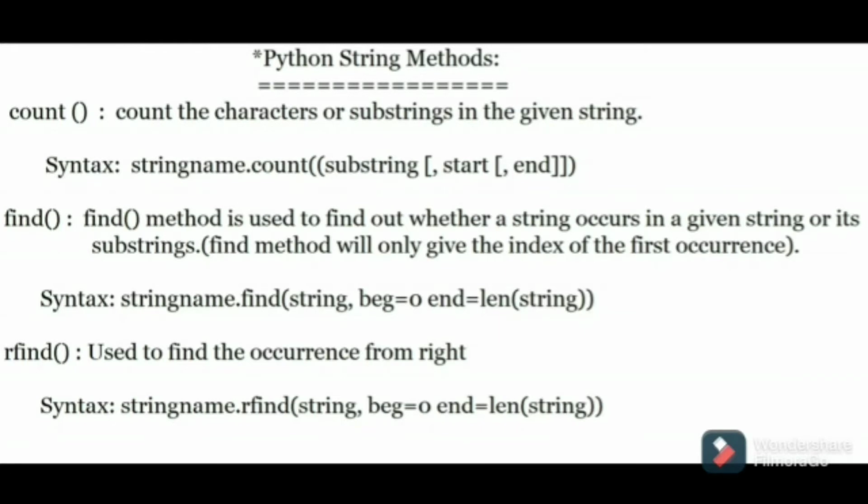So here, string name dot find, and the parameters passed are the string, and the beginning and end positions of the string can also be assigned. Before going on to rfind, let me show you small examples on count, find, and rfind. Then you can briefly understand how they are used.